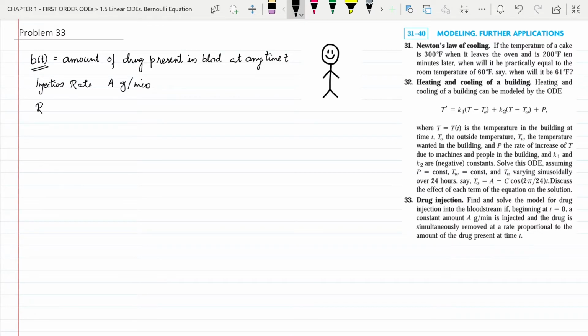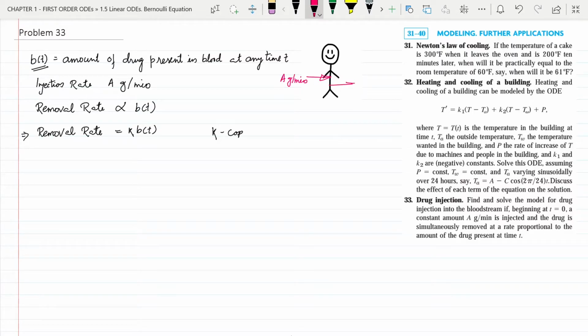So removal rate is proportional to B of t, or we can write removal rate equal to K B of t, where K is a constant of proportionality. Drug is being injected at a grams per minute and drug is being removed at K B of t grams per minute. The question is asking us to find a model and solve it.